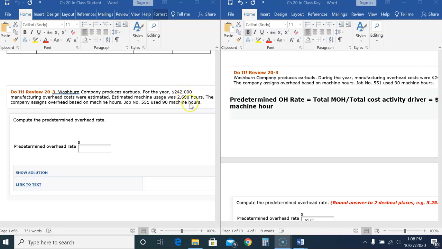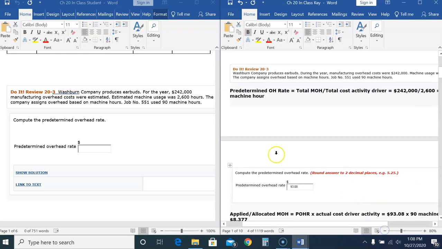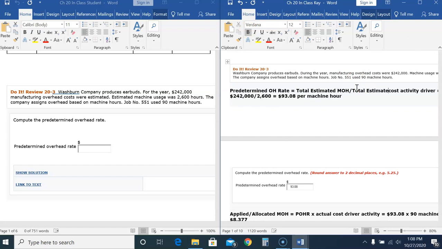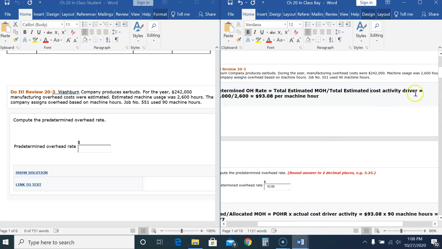To calculate the predetermined overhead rate, we will be taking the total estimated manufacturing overhead. Okay, and let me even clarify this and say estimated and estimated, because remember the predetermined overhead rate is calculated using estimates.